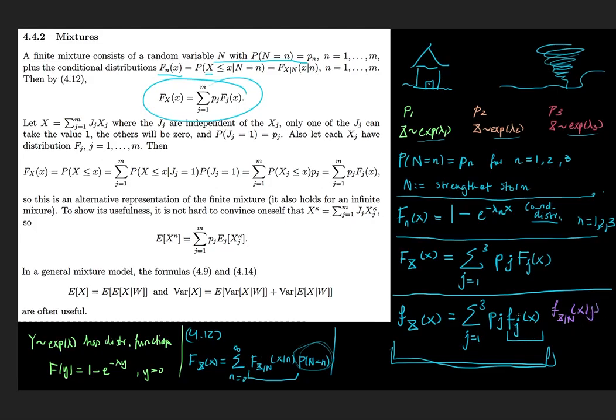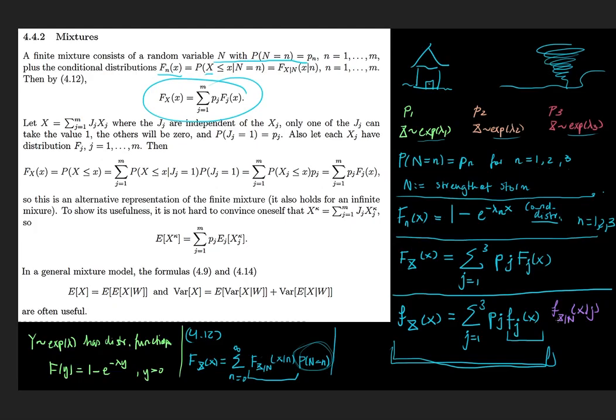So if it was f1, then it would be the conditional density of X given that N is equal to 1. If I had written f2, then it is the conditional density of X given that N is equal to 2. So here you have the general formula that you use to find the density in the case of a finite mixture.